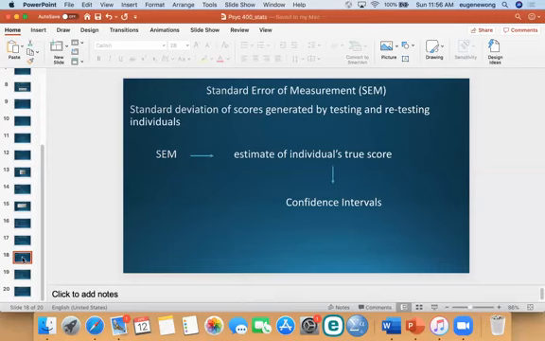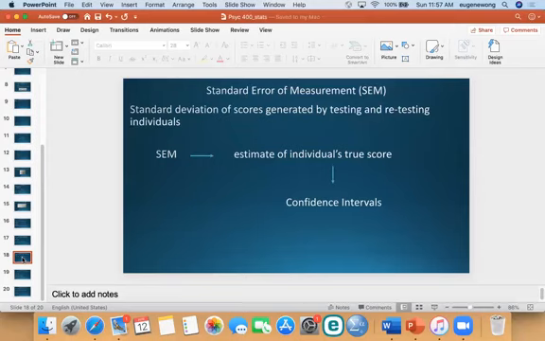Standard error of measurement has to do with the standard deviation of scores generated by testing and retesting individuals. Now that's a formal definition. I'll give you an informal explanation.